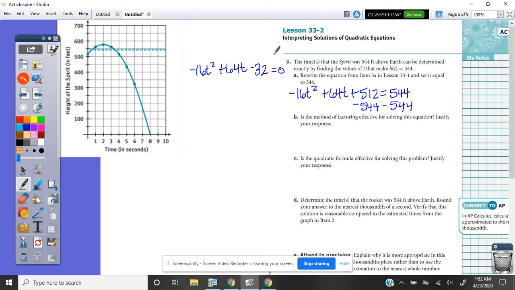All right, so can we factor this? So first we're going to factor out that negative 16. All right, so can I find factors of 8 that add to give me 4? No. So can I factor this?